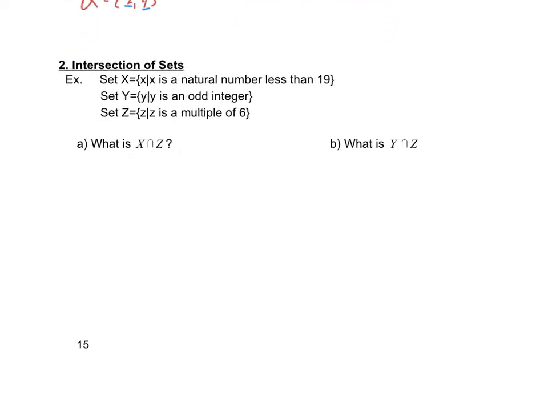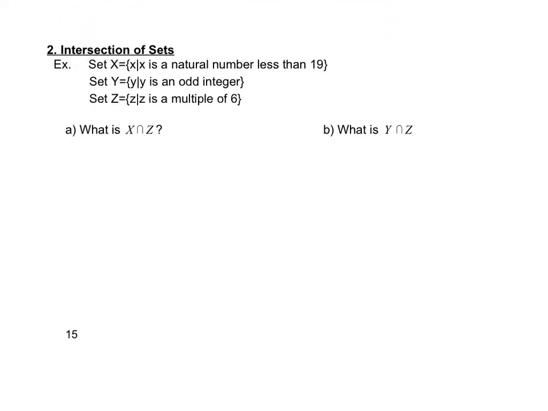Intersections, on the other hand, are where we have the overlap. If I get these in roster form so I know what they entail, X is all values of x such that x is a natural number less than 19.